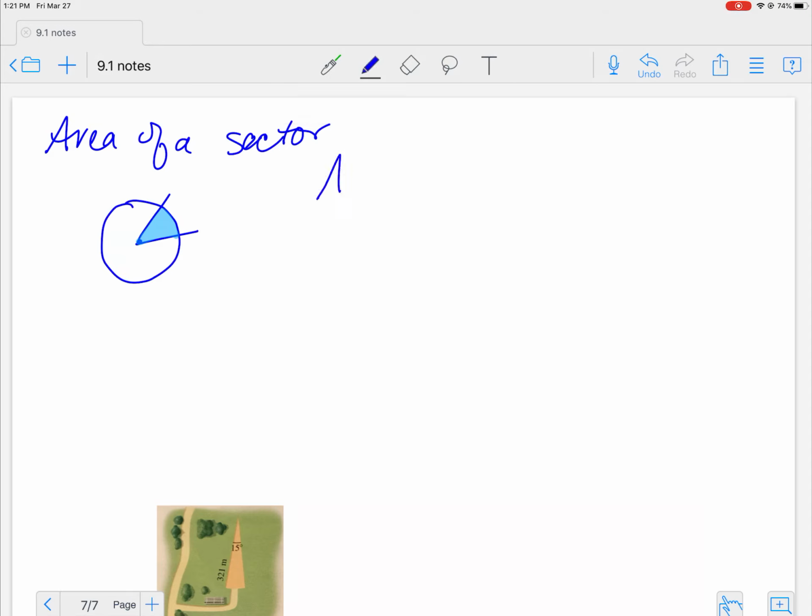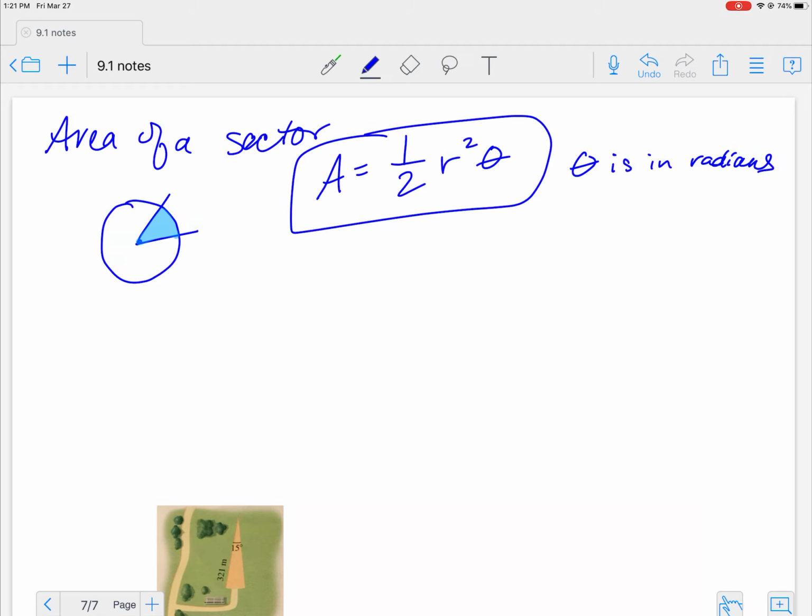So my sector is like a piece of the pie. The formula for area of a sector: area is equal to 1/2 radius squared theta. And again, theta is in radians.